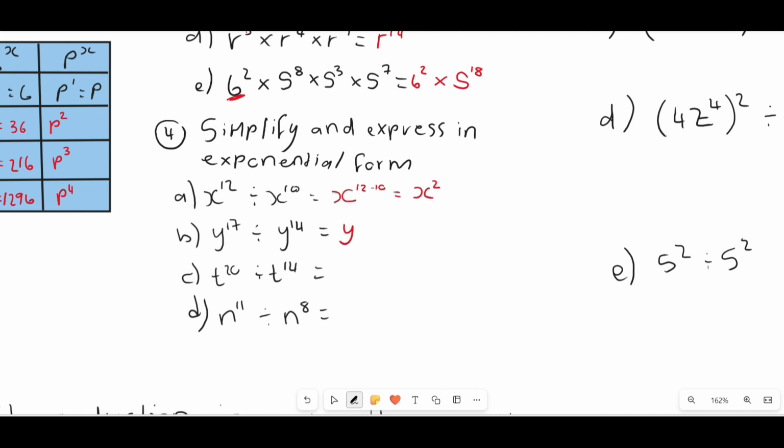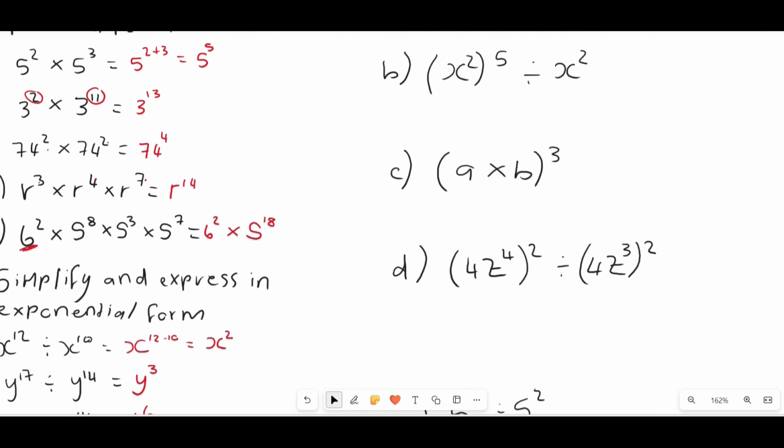This is now going to become y to the power of 17 minus 14, which is y to the power of 3. Same for t. It's going to become t to the power of 20 minus 14, which is 6. T to the power of 6. And then in the case of n, same thing. It's going to become n to the power of 11 minus 8, which is 3. N to the power of 3.